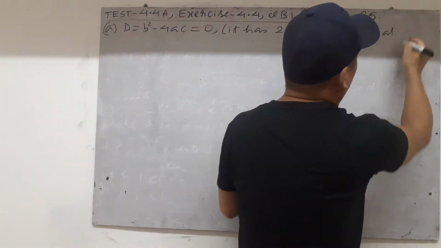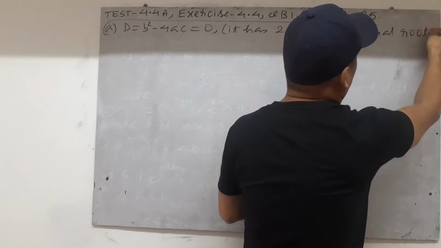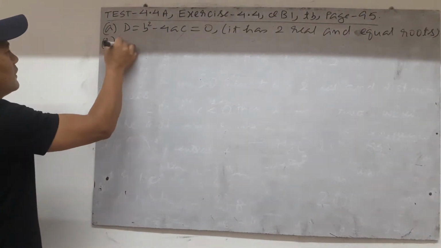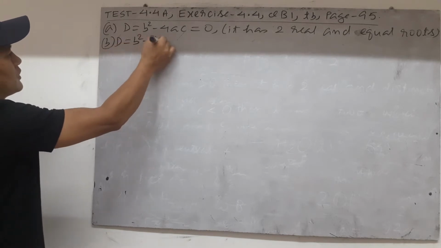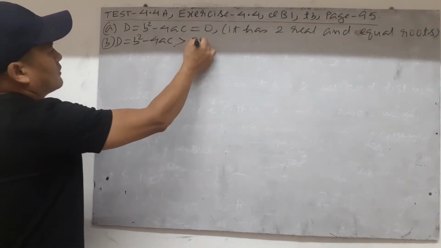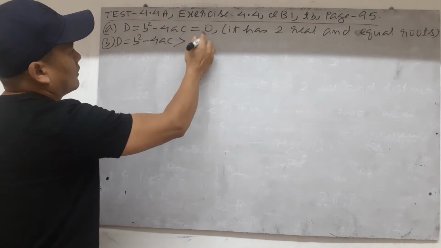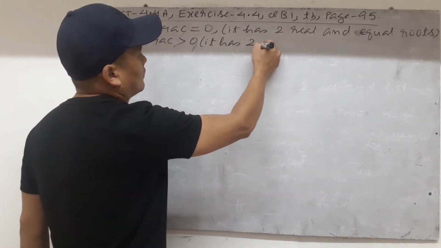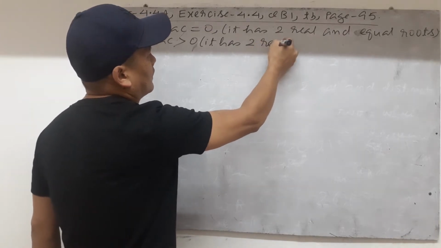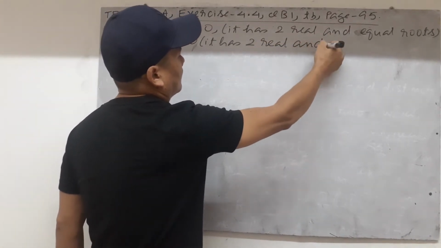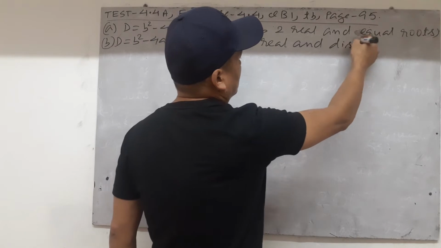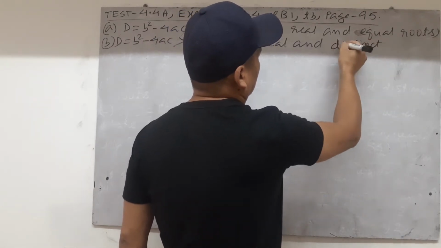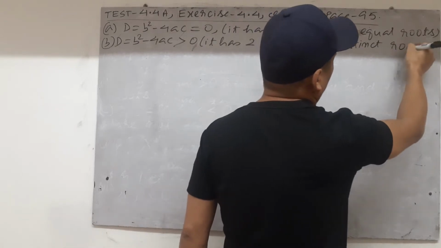Second condition B: if this D equal to b square minus 4ac is greater than 0, it has two real and distinct roots.